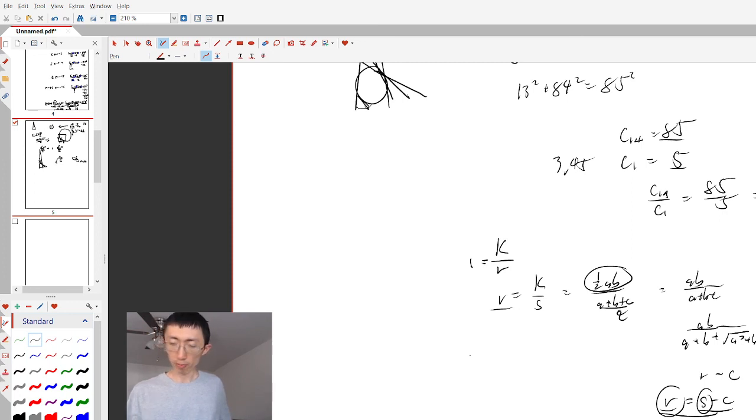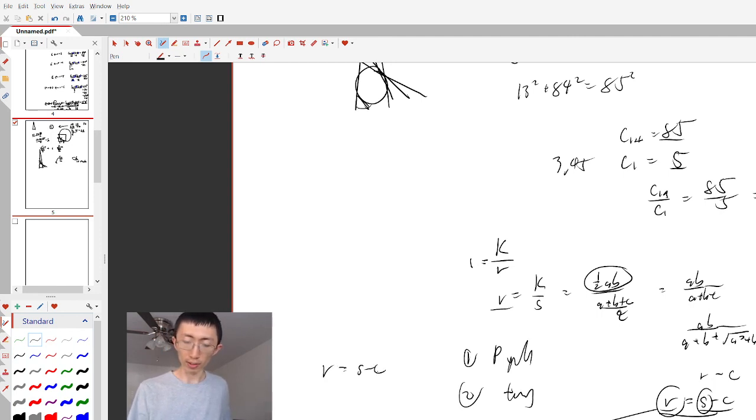Yeah, so the Pythagorean theorem, the equal tangents, and so yeah, there's two ways to derive the formula R equals S minus C for the inradius of a right triangle. You can do it the way we did it, or you can use the regular inradius formula and the Pythagorean theorem.